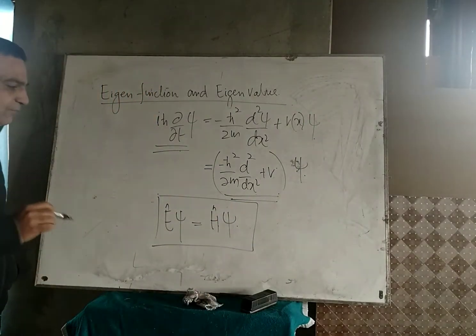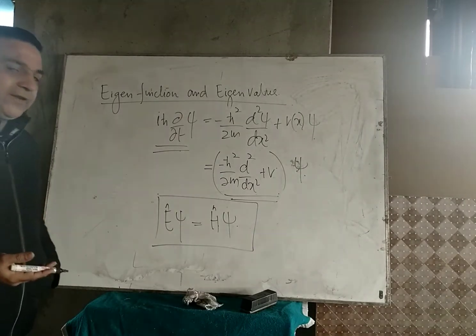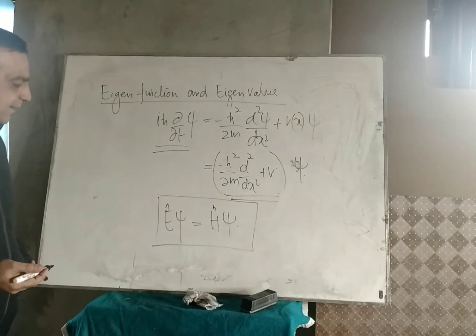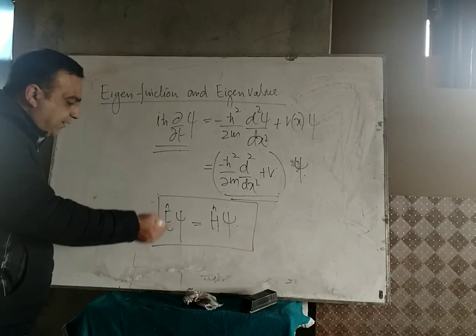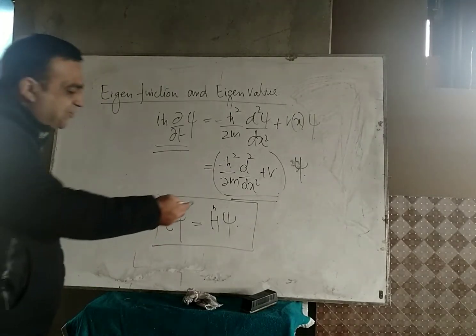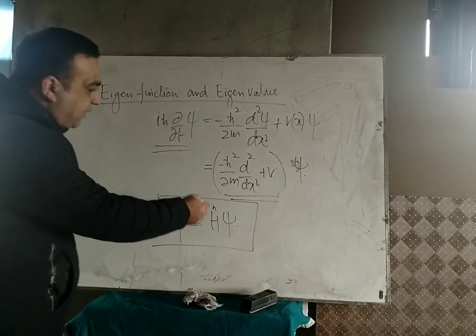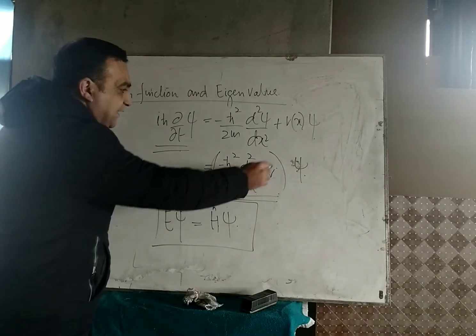So the equation that we have obtained here is again Schrodinger's time-dependent equation, in which E cap is your energy operator and H cap is the Hamiltonian operator, which is in the brackets.